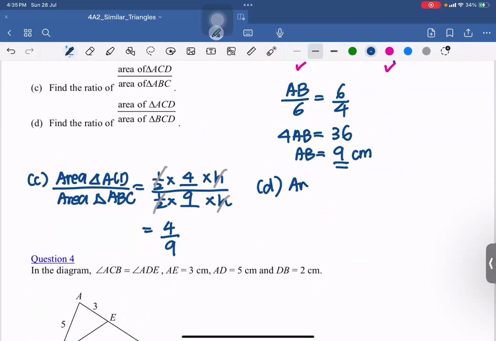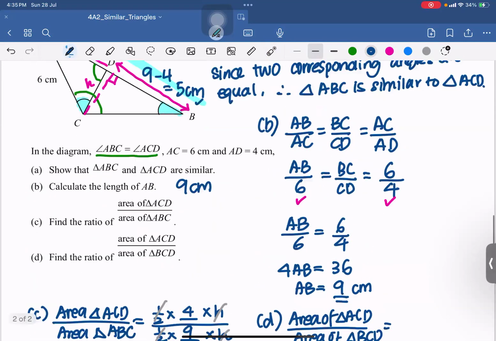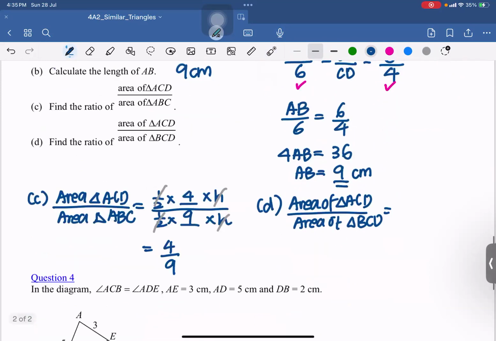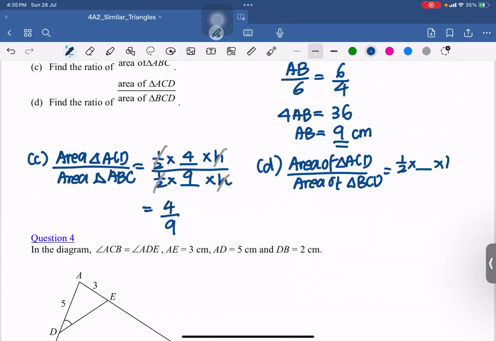Area of triangle ACD over area of triangle BCD is equal to half times 4 times h over half times 5 times h.